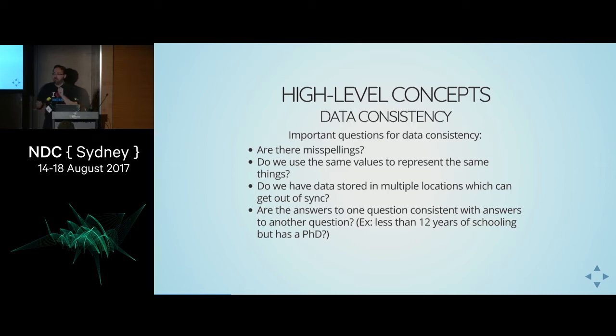So you may have MR dot, you may have MISTER, you may have MR without the dot, you may have MRFER, which is my attempt at trying to type Mr. on my cell phone. All of those things are supposed to represent the same concept, but when we pull it in and try to group by that title, we're going to get a whole bunch of different answers. So that's one example of dirty data. This is a data consistency problem.